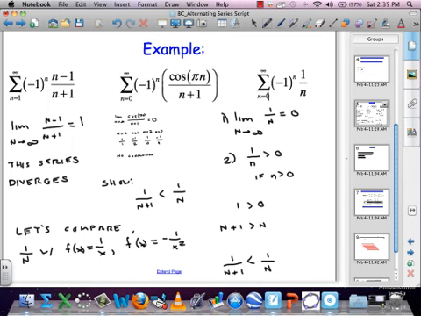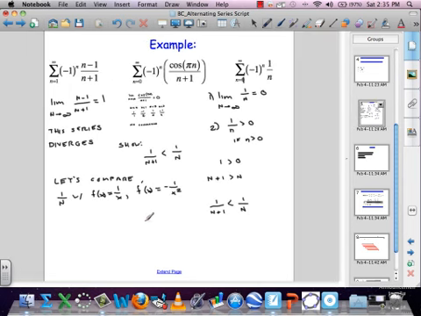Our sign chart would tell us that f decreases from 0 to infinity. It also decreases from negative infinity to 0, but that's not important here. The only important thing is what happens from 1 to infinity. Since f decreases from 0 to infinity, so does this sequence. And so that's the second way you can show that your n plus first term is going to be less than your nth term. One way or the other, that needs to be shown. And so therefore, this series converges by the alternating series test.